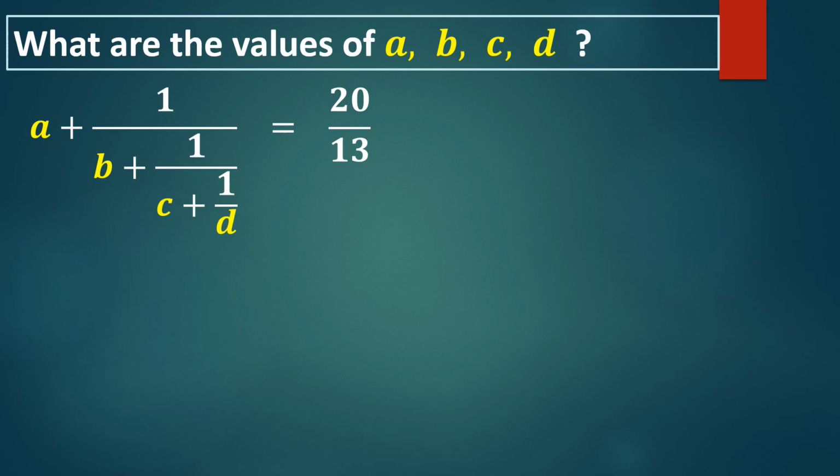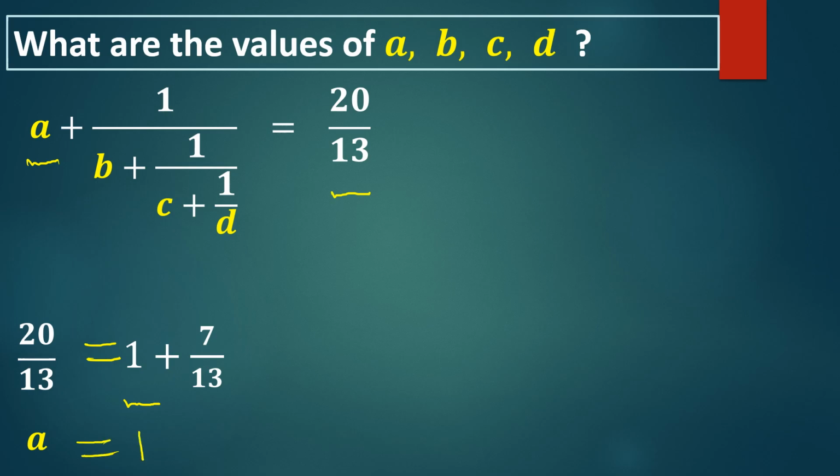We need to find the values of A, B, C, and D. Okay, since 20 over 13 expressed as a mixed fraction will be equal to 1 plus 7 over 13, it follows that the value of A must be equal to 1. So A is equal to 1.